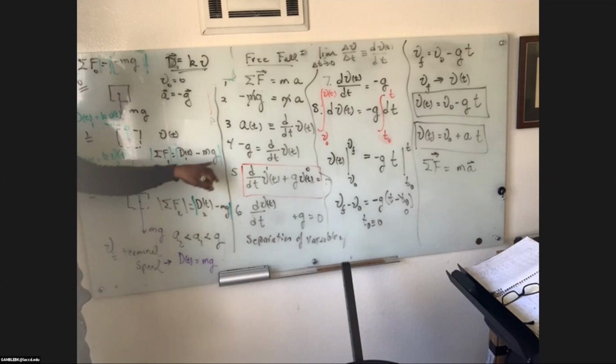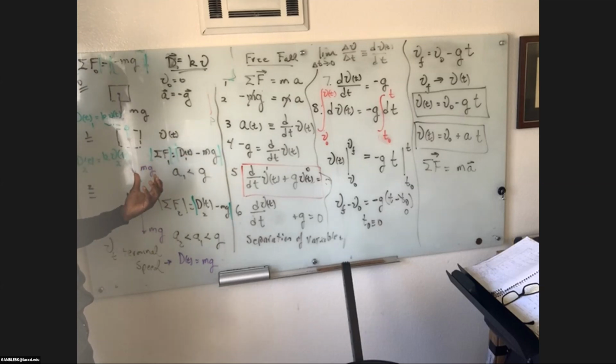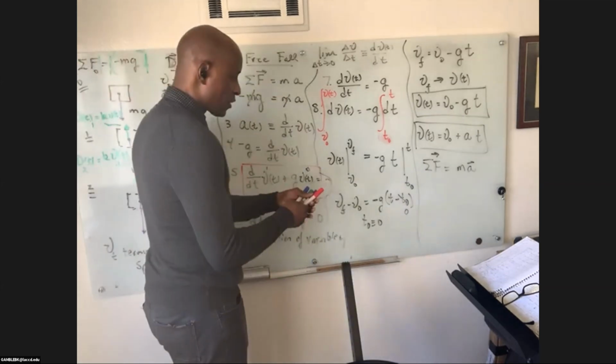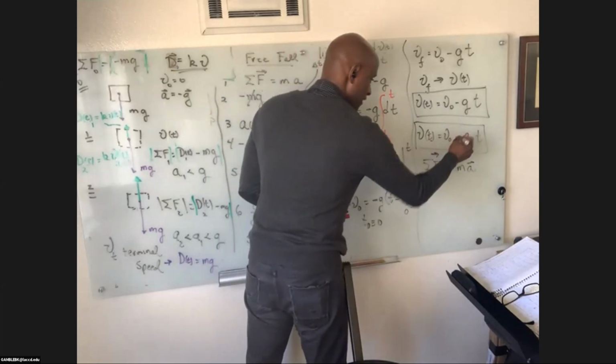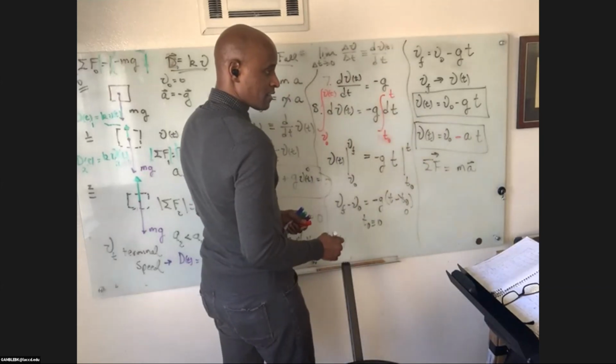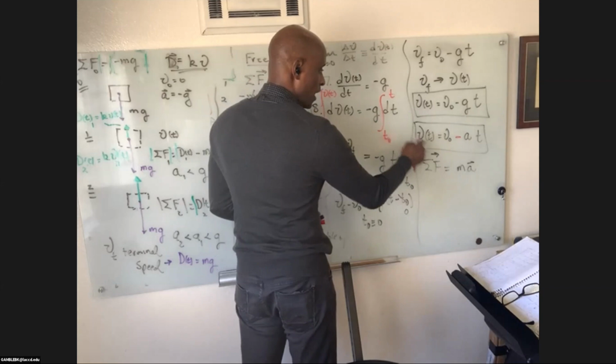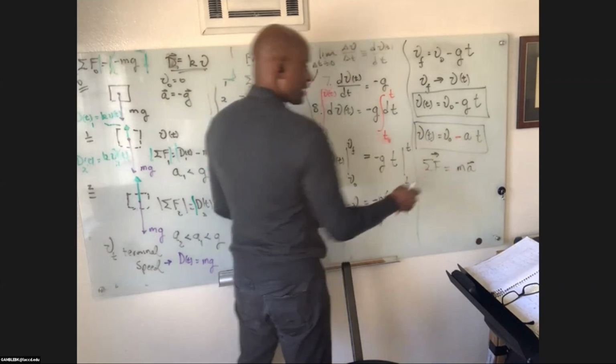So as long as mg is greater than dt, that net force is going to be negative, which means the acceleration is going to be negative, which means that the problem that we're really working out is this problem. It's always going to make this quantity negative because we're defining the acceleration as negative.